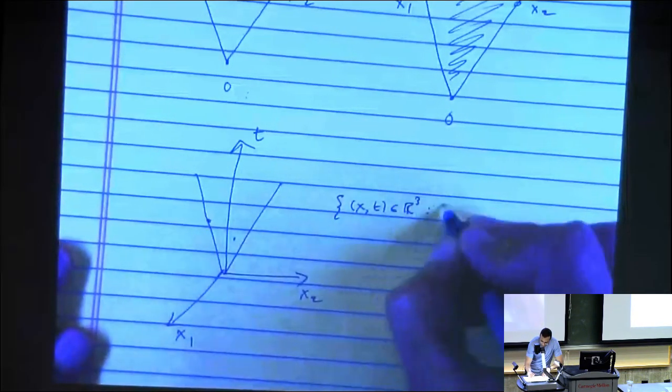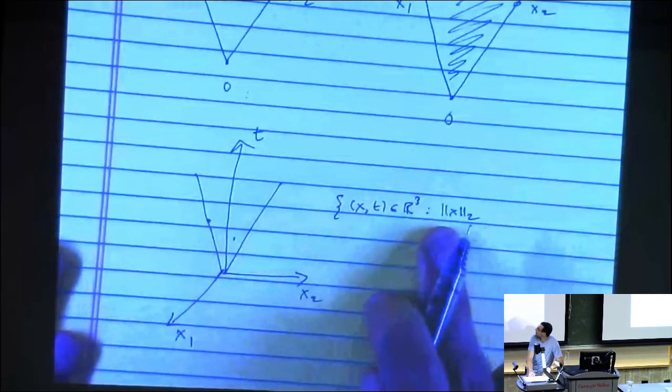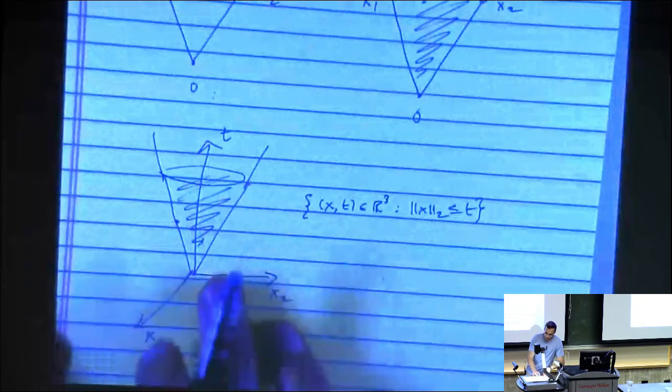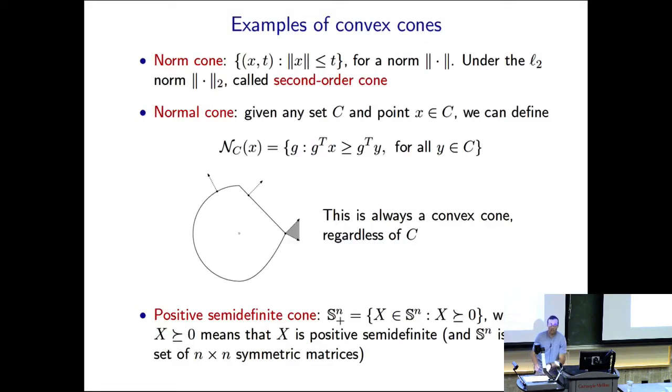If I take x1, x2, and if this axis is the t-axis, then the set of all x comma t such that the L2 norm of x is less than or equal to t is going to look like this. It'll extend infinitely, but it'll look like this. Sometimes this is called the ice cream cone, but it's also called the second order cone.